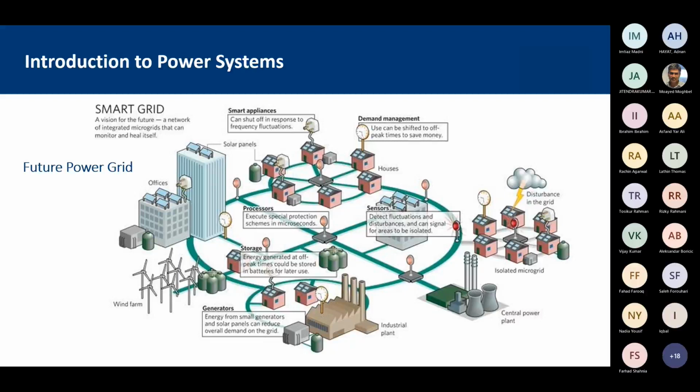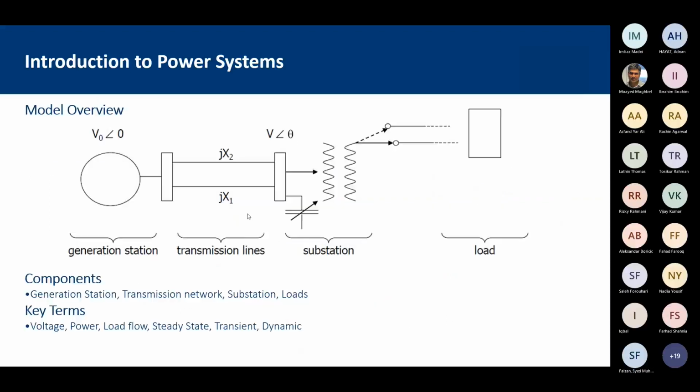So in order to understand our power system designs, we have to perform such dynamic studies so that we can understand how the system will behave, and if there are any challenges, then we can overcome them.